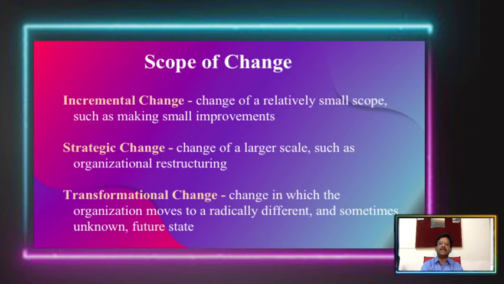Strategic change is a change of a larger scale, such as organizational restructuring. Whereas transformational change is the change in which the organization moves to a radical, different and sometimes unknown future state. So it is a complete change that happens in the organization.